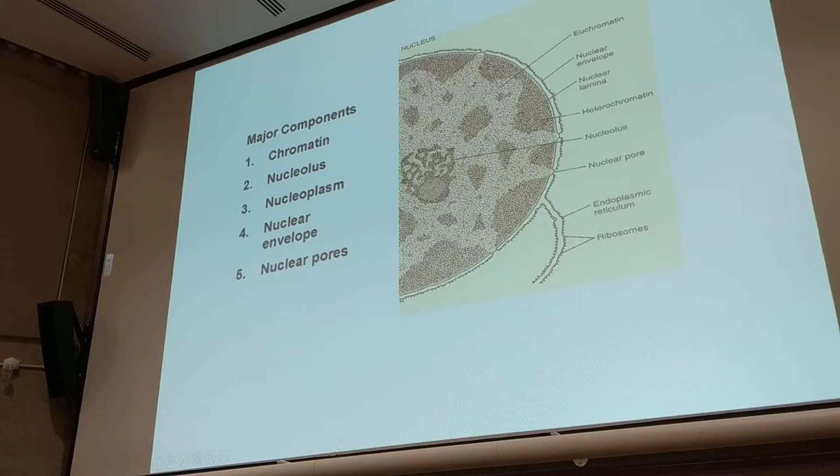And the rest of it, which is the euchromatin, is a little more relaxed than the heterochromatin, and is the active chromatin. While the other one, the heterochromatin, is packed. It has a lot of histones that make the chromatin very, very packed.